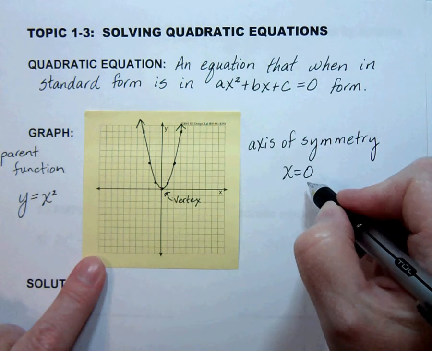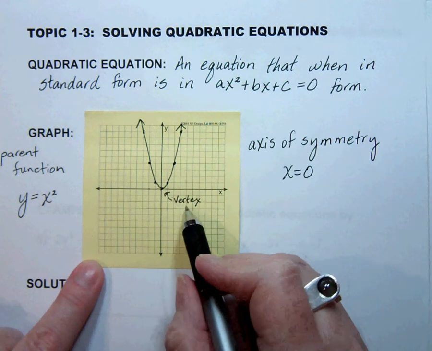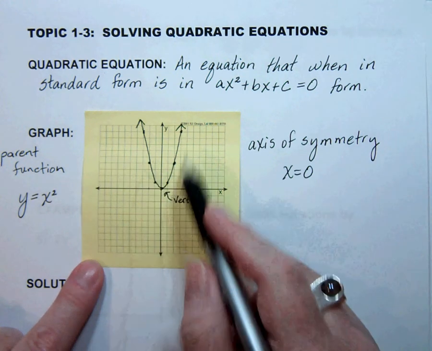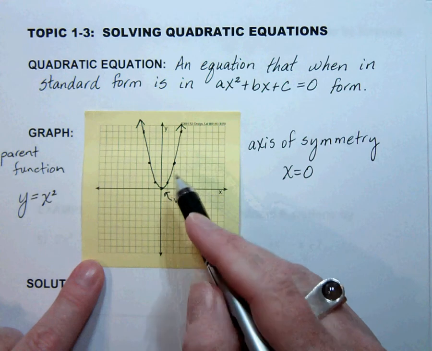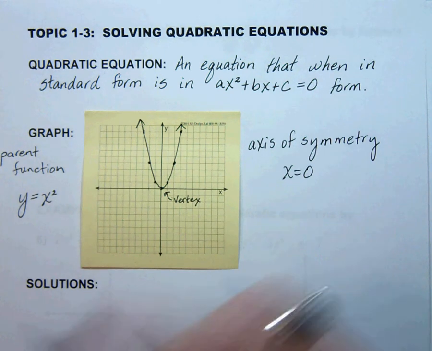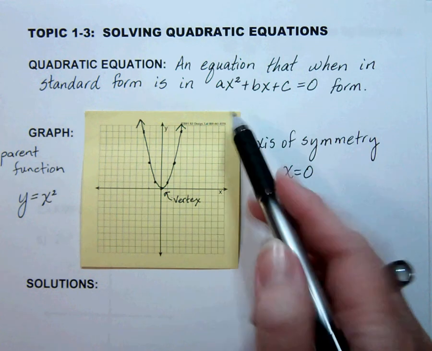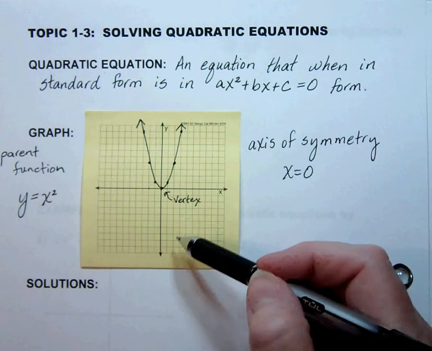That would be your axis of symmetry. This vertex is called a minimum because it's a parabola facing up. You can have a vertex that's called the maximum. That would be if it was a vertex that faces down, and we'll talk about that in a minute. When a is negative, it'll turn upside down.